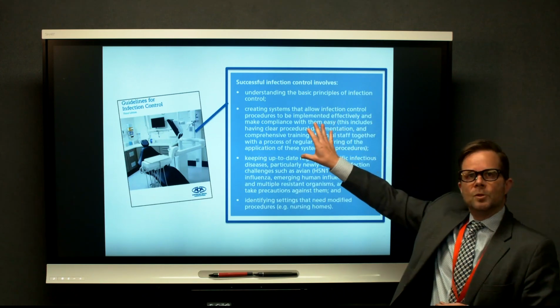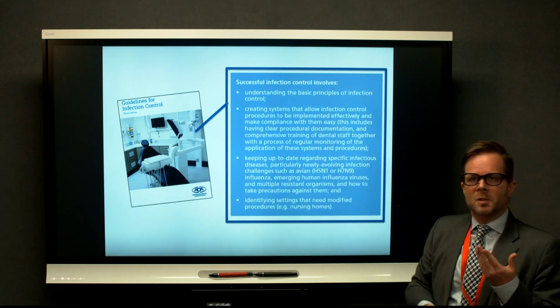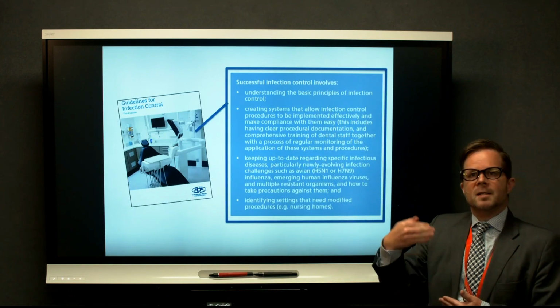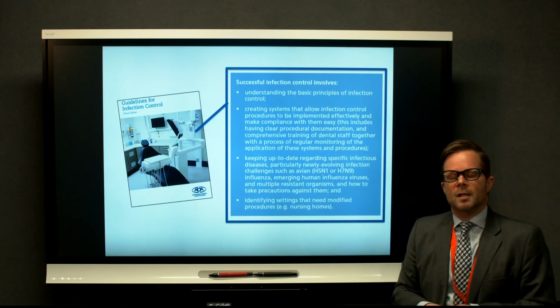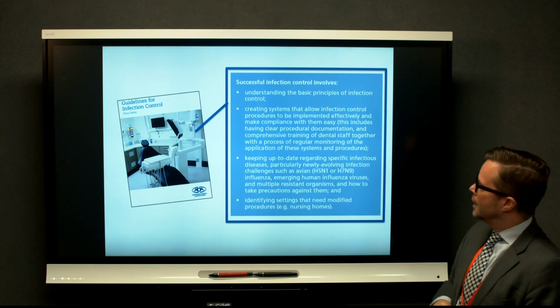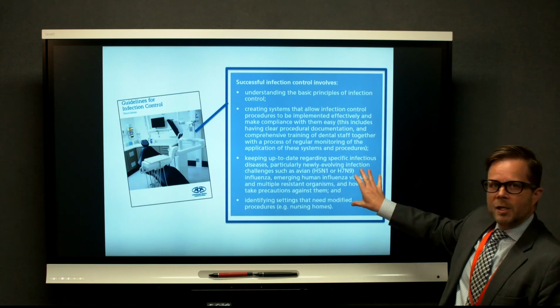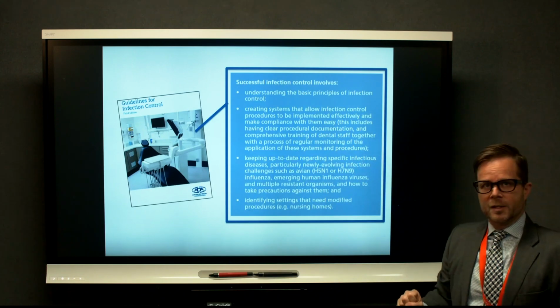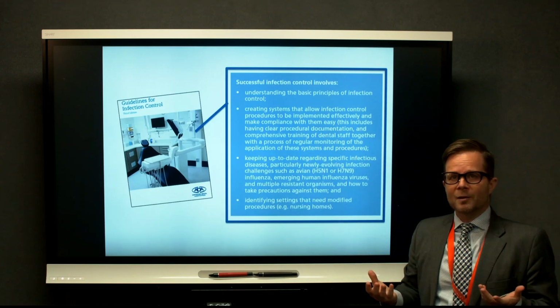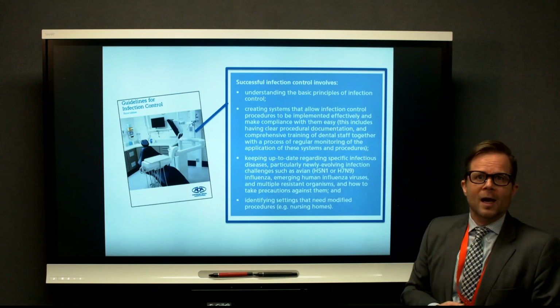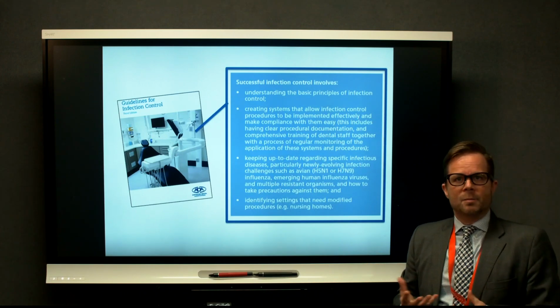We also need to understand what systems we can put in place, systematic procedures that we can implement as practitioners that will reduce the risk of infection. We also have an obligation to stay up to date regarding specific infections, because there are new or evolving infections that come along and take us by surprise.